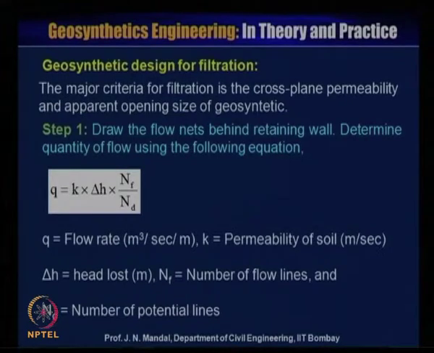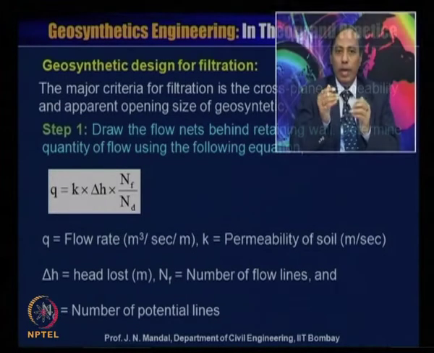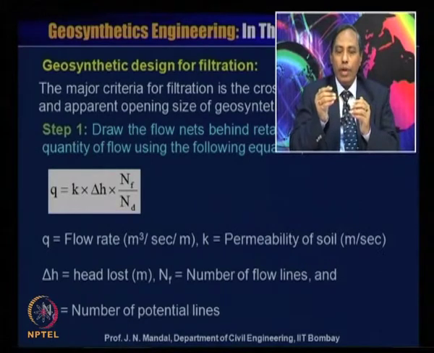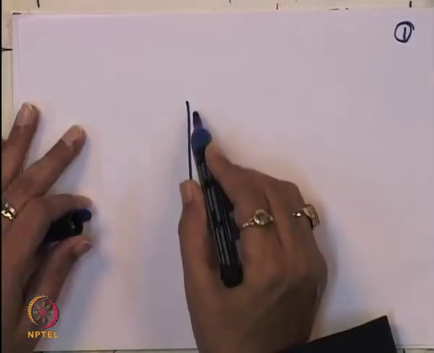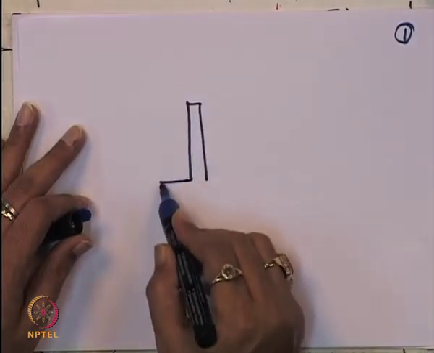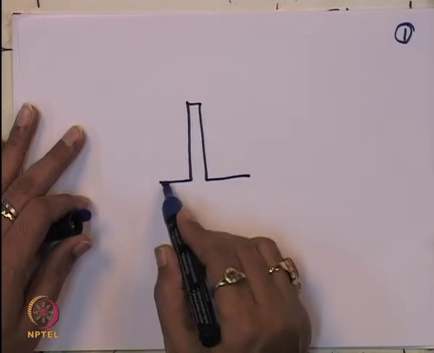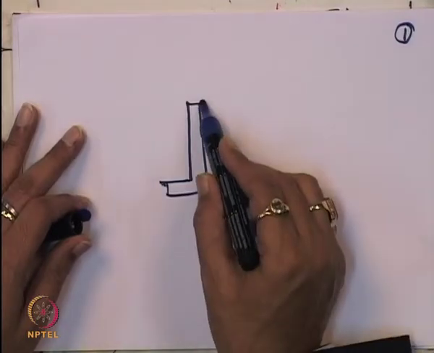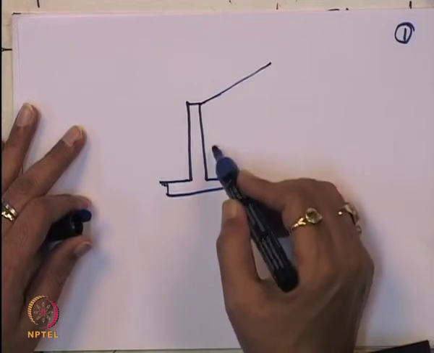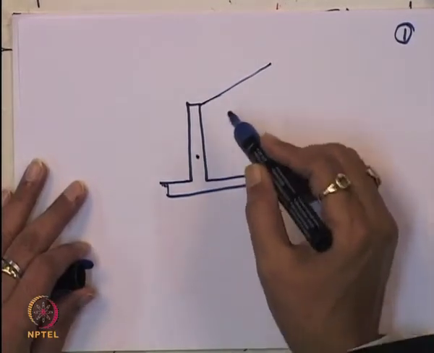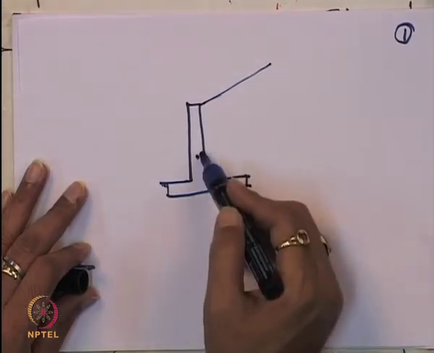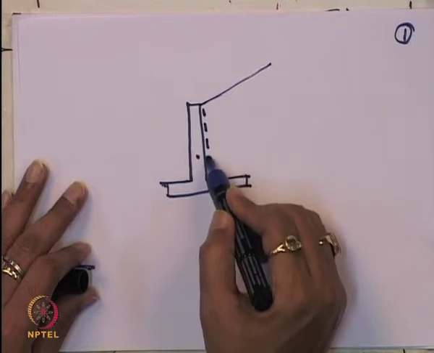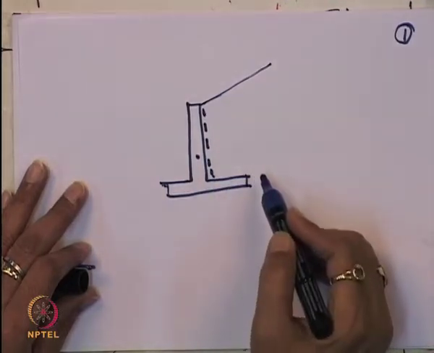using the following equation. You know that Q is equal to K into delta H into NF by ND. For example, if it is a wall, you do not know what quantity of water can flow through this, and you are providing this geotextile material here.